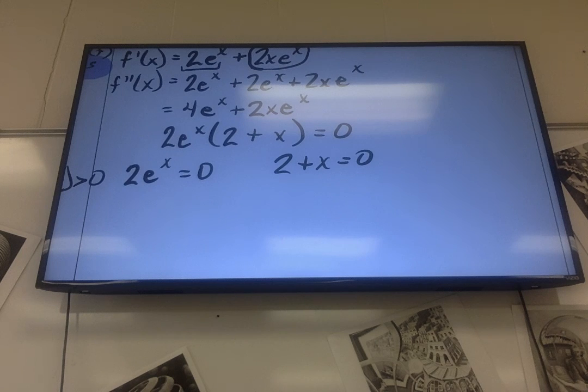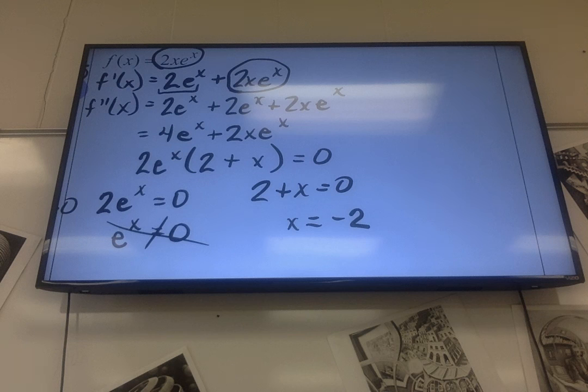Divide by negative 2. e to the x equals 0. That can't happen, by the way. That's already a bad solution. The asymptote is the x-axis. It's never actually going to reach the x-axis.